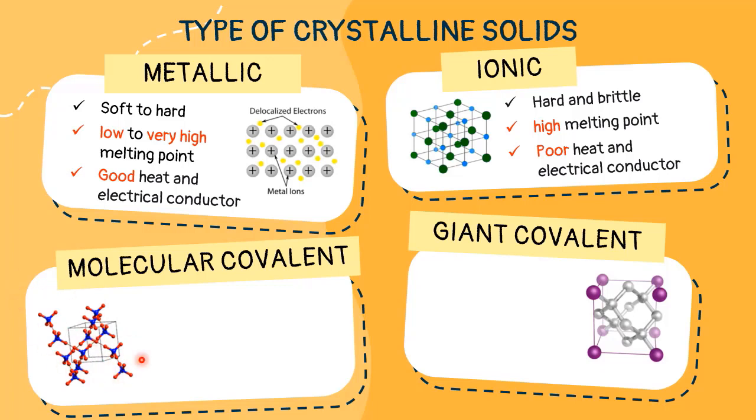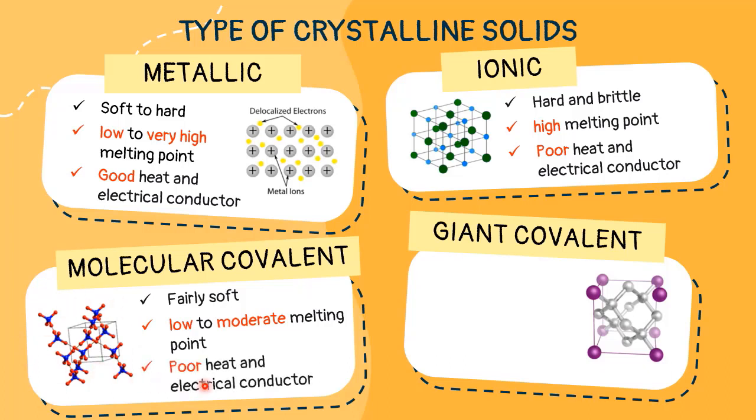The intermolecular forces holding the particles together are far weaker than either ionic or covalent bonds. Therefore, a fairly soft crystal is formed. As a result, the melting point of molecular crystals ranges from moderate to low. And since there are no mobile electrons present, these molecular crystals are poor heat and electrical conductors.